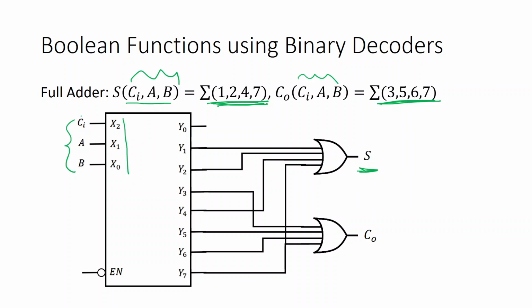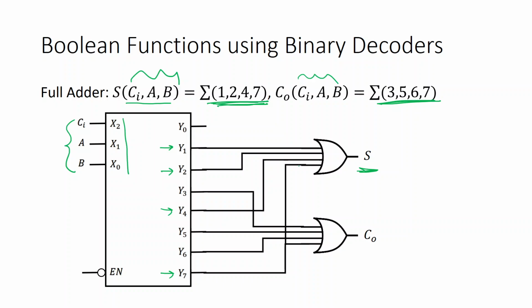And I know from the decoder logic that whenever such a combination is coming at the input side, the pins 1 2 4 and 7 will get activated, active high. So I take these pins together and connect them to an OR gate, and this is giving me the sum expression. This is giving me the sum output, S output, or the result output.